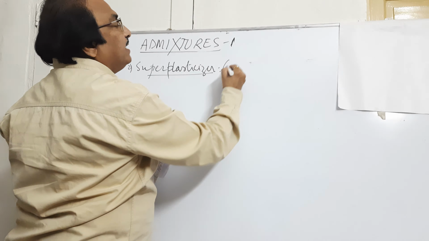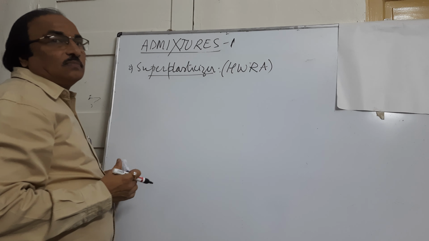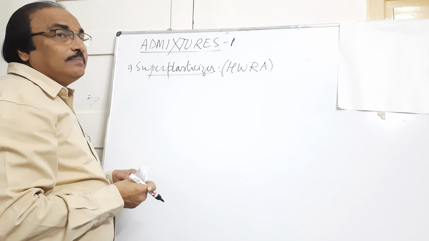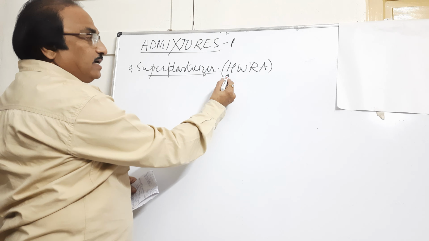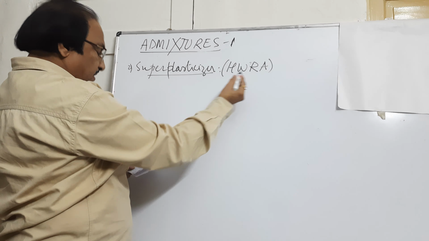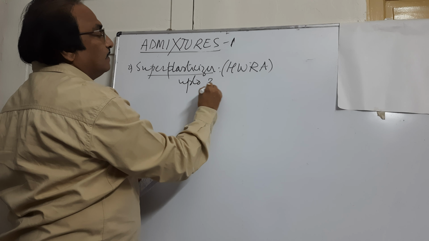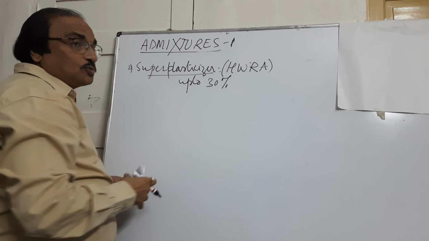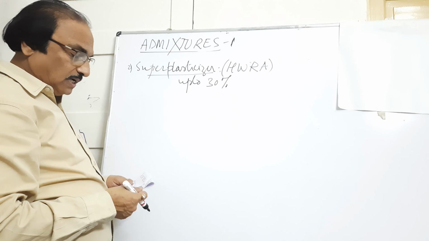Superplasticizers are high water reducing agents. A high amount of water can be reduced by adding the superplasticizer. That's why we call it a high water reducing agent. You can reduce water up to 30%. See the enormous decrease in the water that you can achieve.